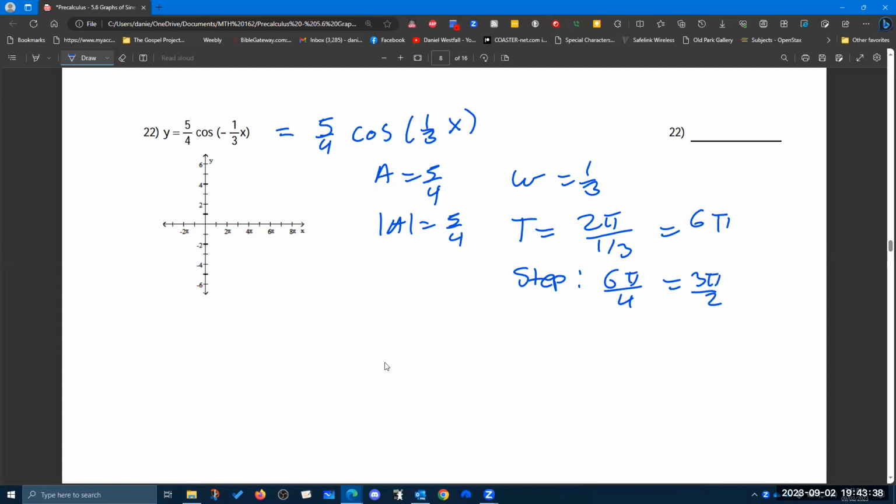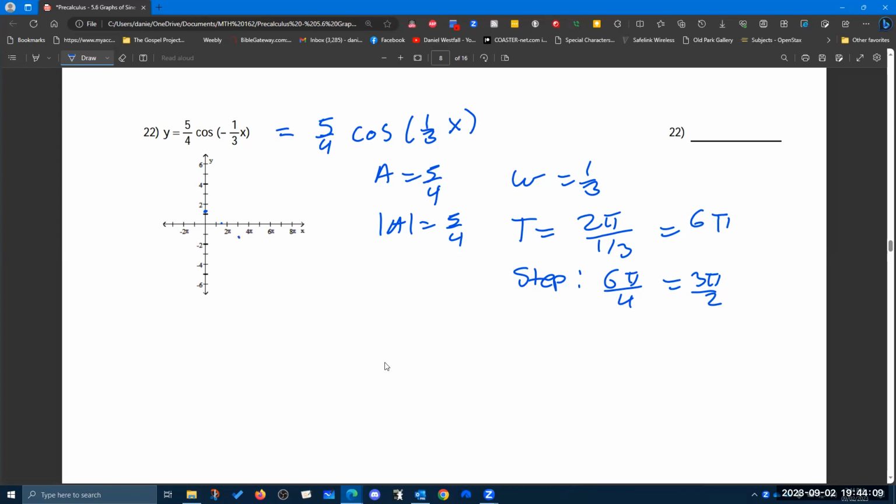We're starting with cosine. So at 0, I'm going to get 5/4. So right there. And then I'm going to go down to a 0 at 3π/2. So 1.5 pi is going to be a 0. And then at 3π, I'm going to have a -1.25.